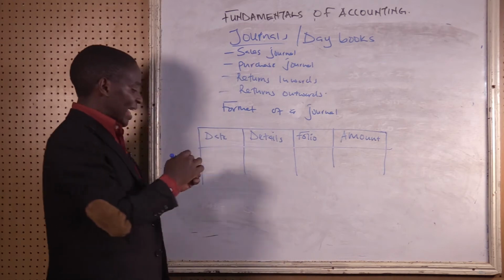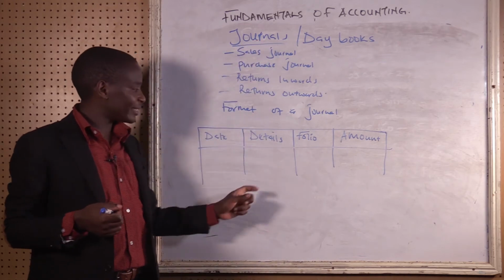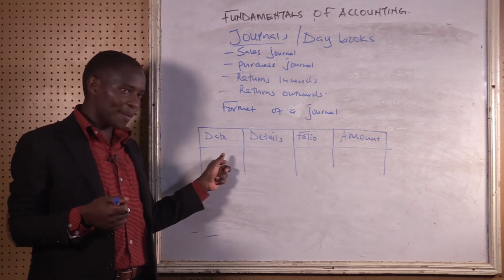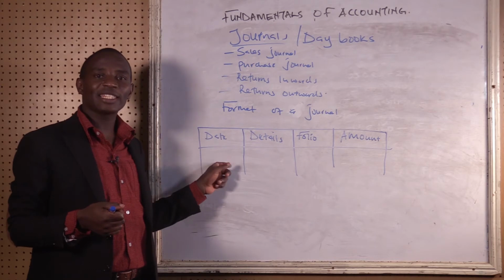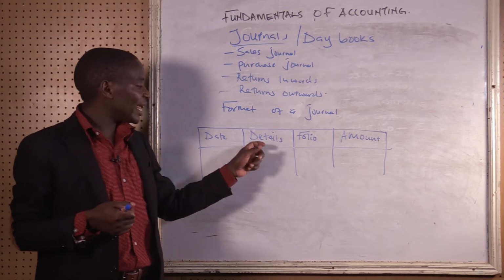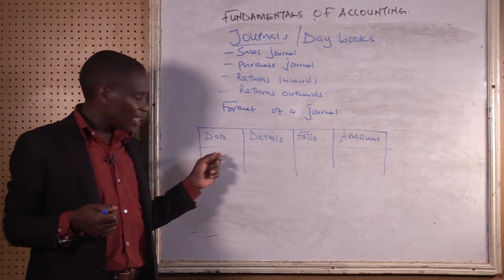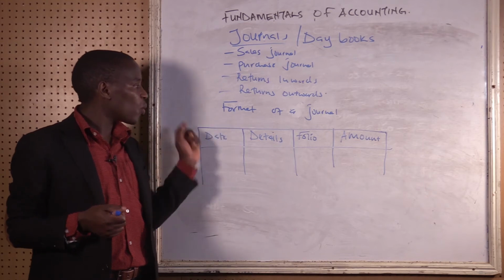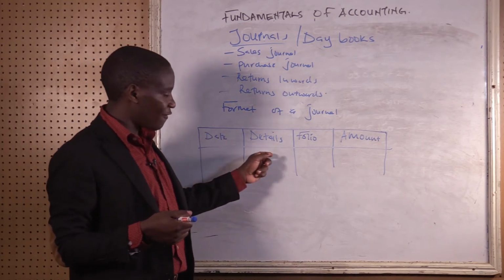Because these journals are recorded on a daily basis, under the date column we record the date of the transaction. Under the details column, we record the particulars of the transaction, or where the transaction can be found.